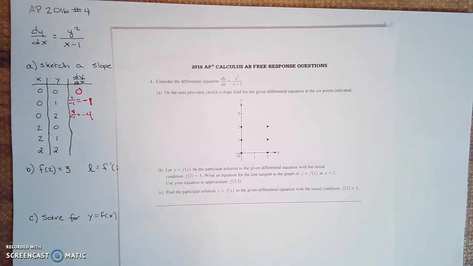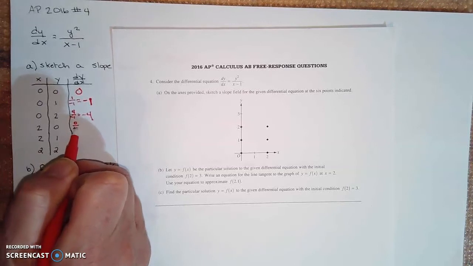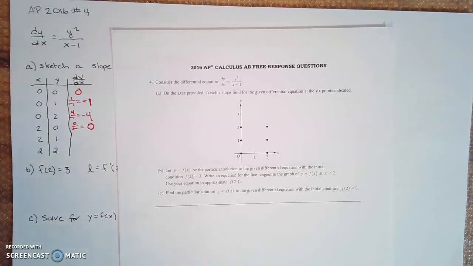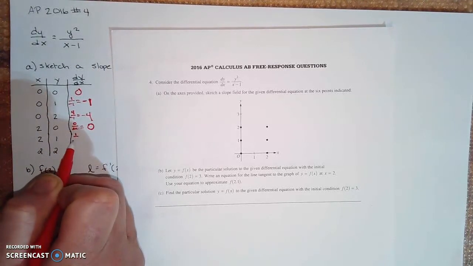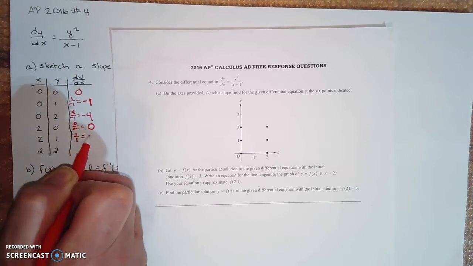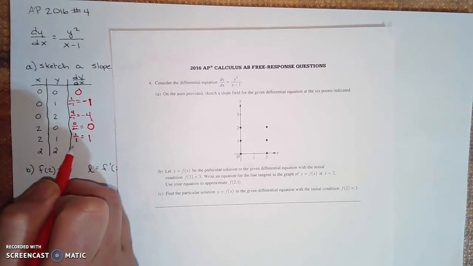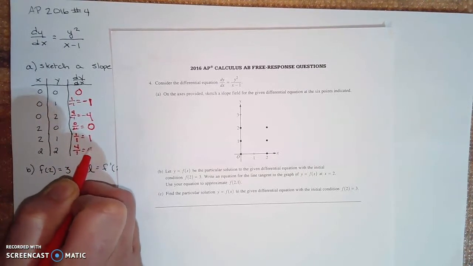At (2,0), the y value is 0, so it goes on top. Doesn't matter what goes on the bottom, I'm going to get 0. The next point is (2,1), so it becomes 1 squared, which is 1, over 2 minus 1, which is 1. And the next one is at (2,2), so the top becomes 2 squared, which is 4, over 2 minus 1, which is 4.